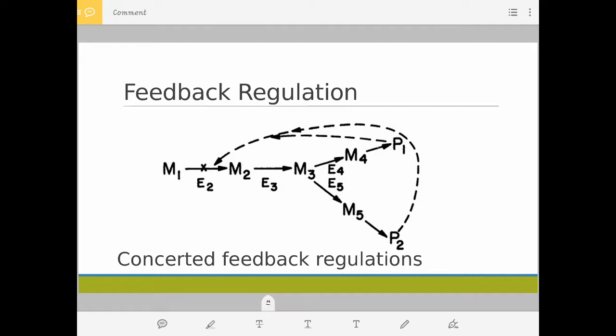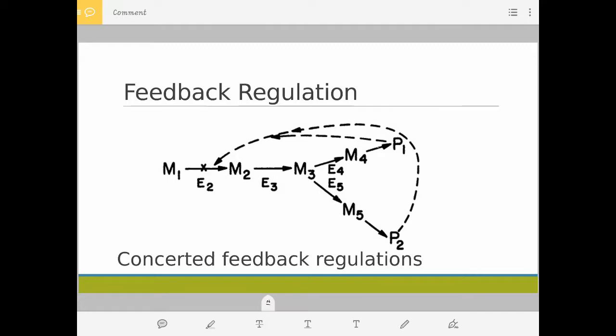It's the enzyme that catalyzes the reaction at the start of the pathway. Moving on, at metabolite 3 your pathway branches into two. You produce metabolite 4 and metabolite 5 in two separate ways, and each of them produces a product, so two different products.